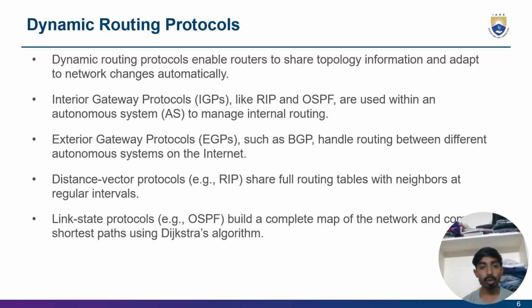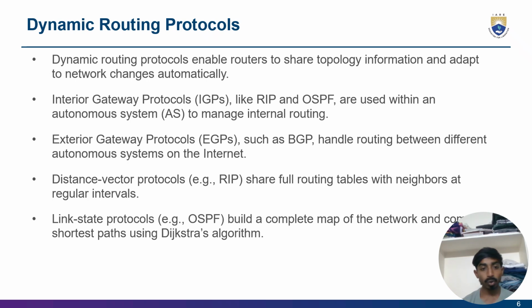Dynamic routing protocols enable routers to share topology information and adapt to network changes automatically. Interior gateway protocols like RIP and OSPF are used within an autonomous system to manage internal routing.